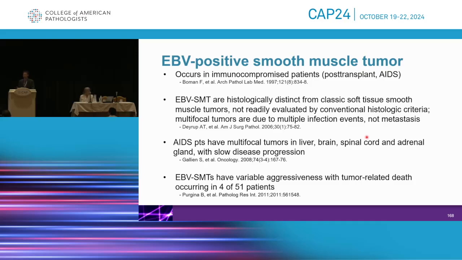They are not metastases. They are just multiple primaries. So generally, they are benign, indolent process, but sometimes they can have malignant transformation, can become leiomyosarcoma. And sometimes the patient may die from the disease. For example, in this study, 4 of the 51 cases died from the disease.